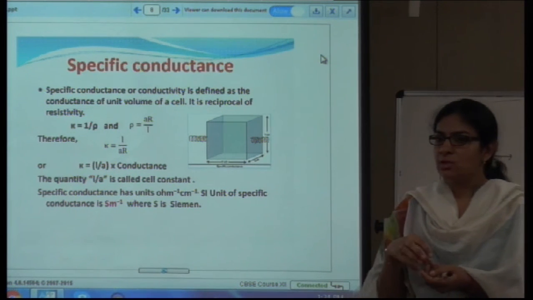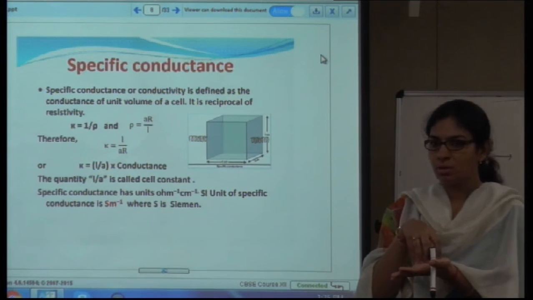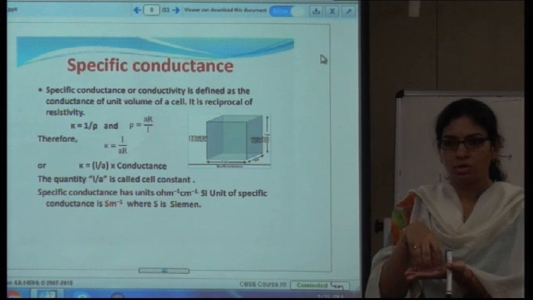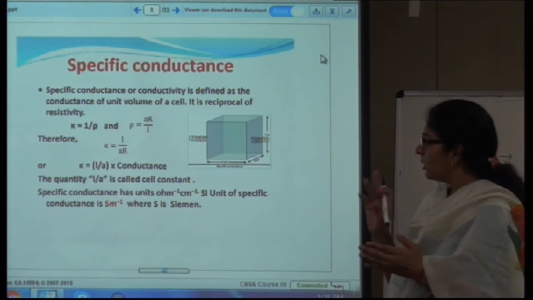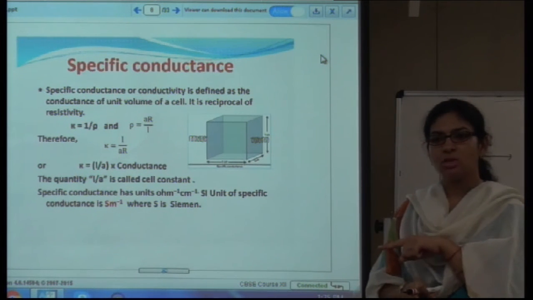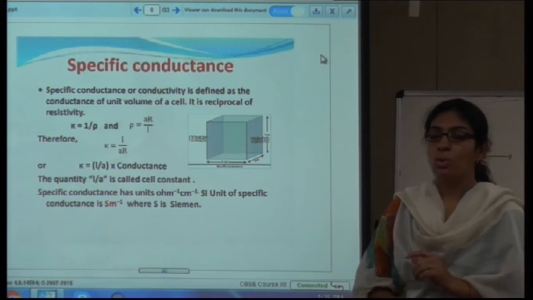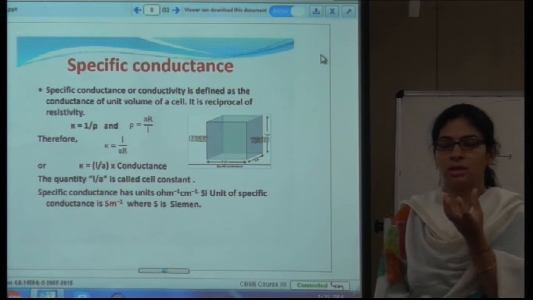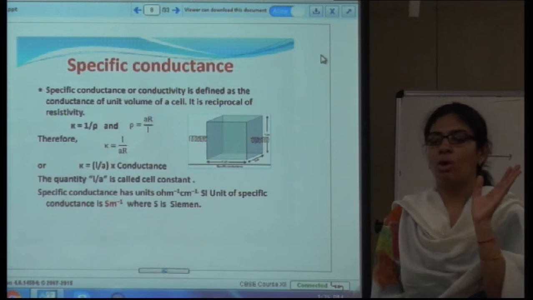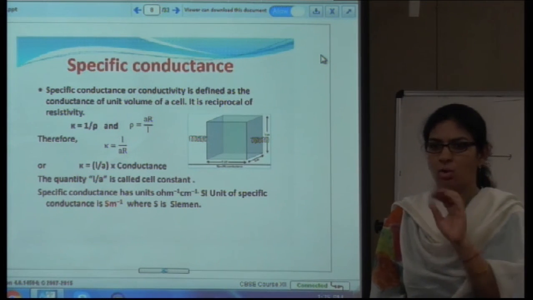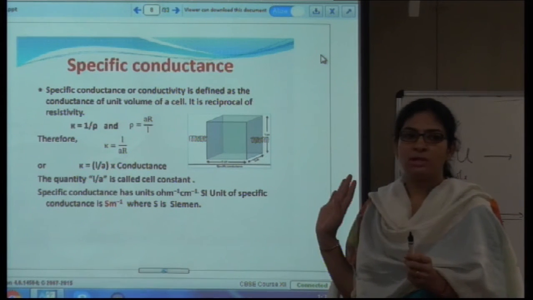You put this known solution in the instrument and get the value of conductance. Specific conductance is known, conductance you measure from the instrument, so you can find the cell constant, L by A. Once you have established this value, it's easier for the rest of the solutions.